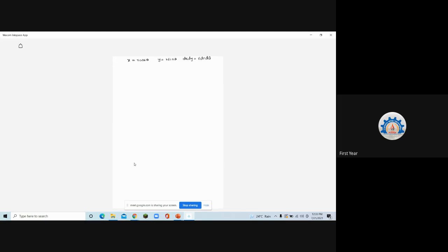If I do this, the equation x square plus y square is equal to a square, what will this become? You know that x square plus y square is r square. Do you know this? Yes, ma'am. Rather than writing r square is equal to a square, it is the same as writing r is equal to a.